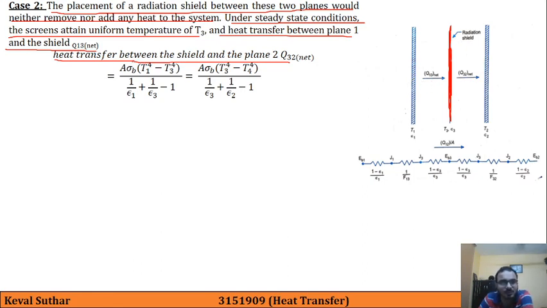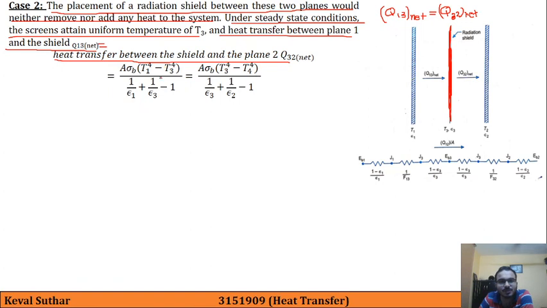So this will be equal to this over here. To write it down, what we have done is Q13 net is equal to Q32 net.